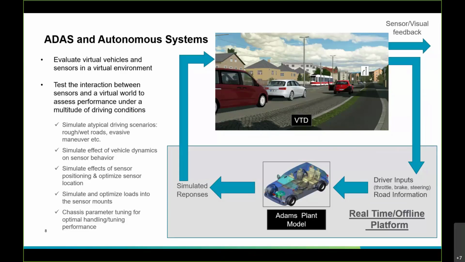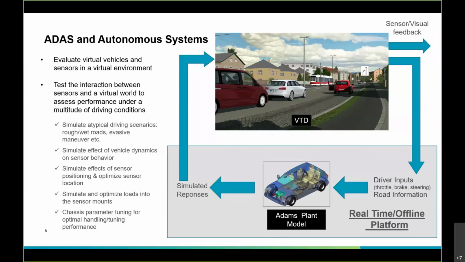So again, here we've got the ability to leverage our Adams model either in real time or offline to really go through and test the corner cases, which are really more the important ones. And it's valuable because when we start looking at these different safety systems and what they're doing, we need to make sure that the way we're assuming they are behaving or being affected by the vehicle is accurate.